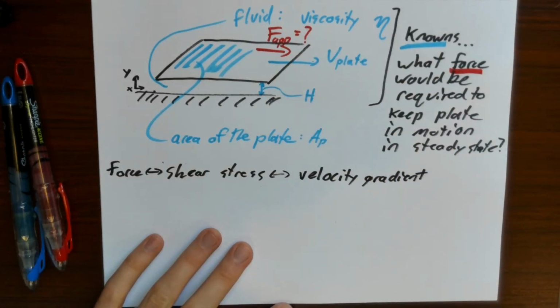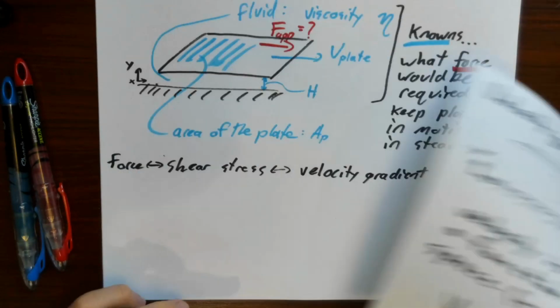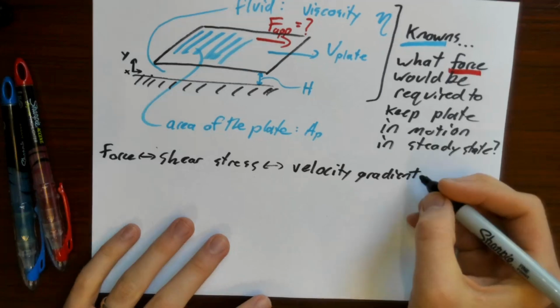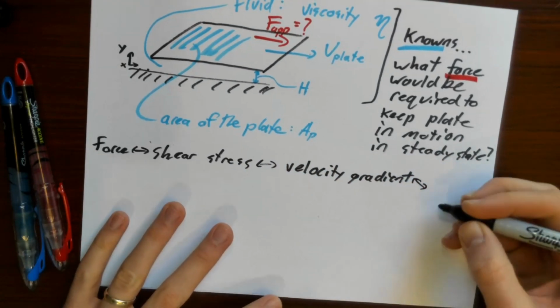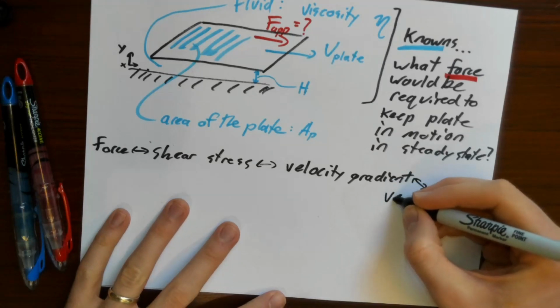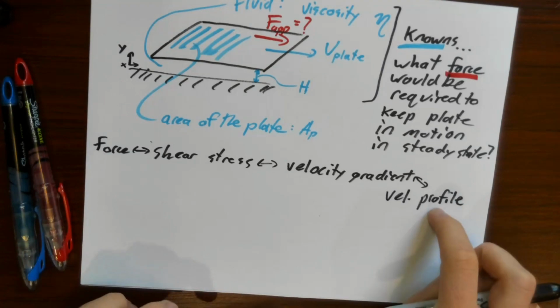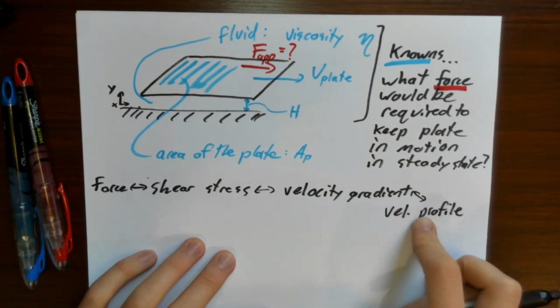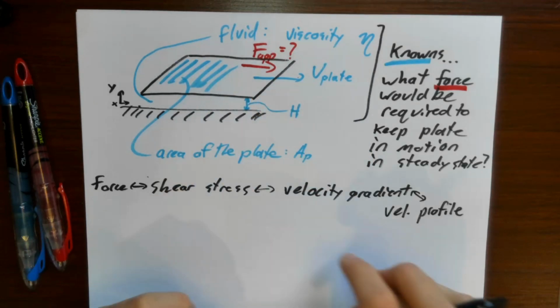We just talked about earlier that there's a connection between a velocity gradient and a velocity profile. So we're going to need a connection between velocity gradient and velocity profile. And so we need to figure out what the velocity profile is between these two plates.